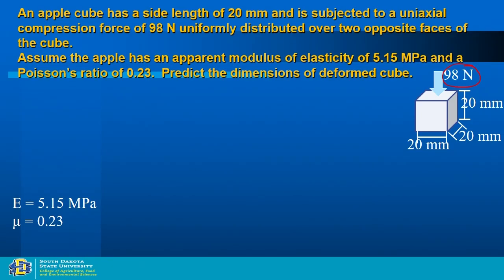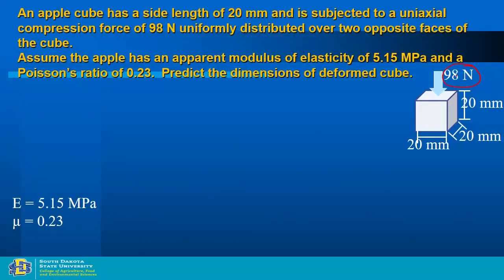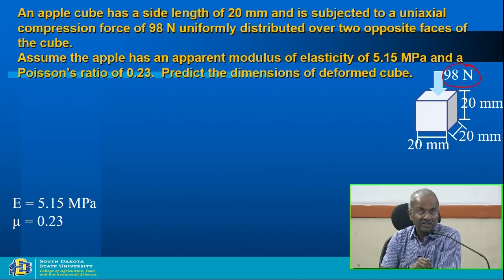How are we going to do that? Modulus of elasticity is given, Poisson ratio is given. So we have the force acting on this side. You take force over area, you get the stress value. We know the modulus of elasticity.